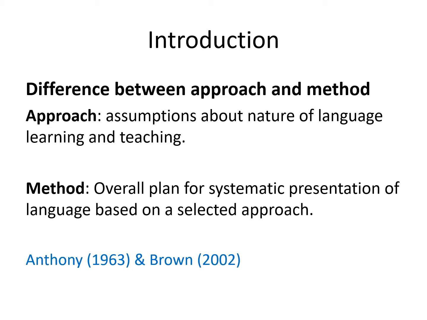It's a theoretical overall theory. But in method, we are dealing with practicality, for systematic presentation of language based on a selected approach. We have selected an approach, and how can we achieve that destination by applying that approach?